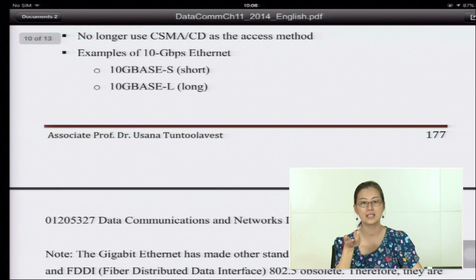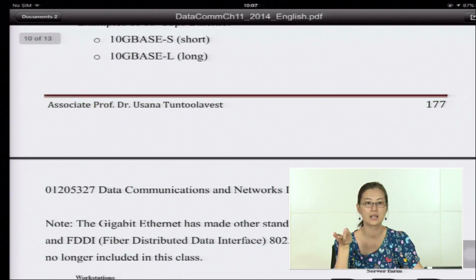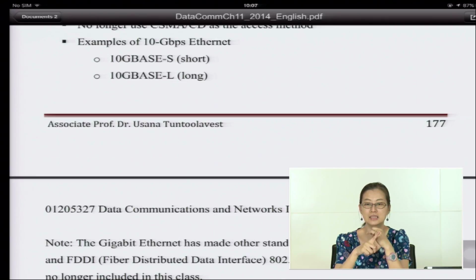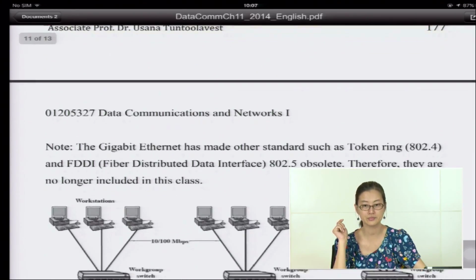We have the 10GBASE-S, which is short, and 10 gigabit. So this is 10G, which means 10 gigabit per sec, because there are already too many zeros. It went from 10 to 100 to 1,000, and now it's 10,000, so we change it to 10G, and base is baseband.